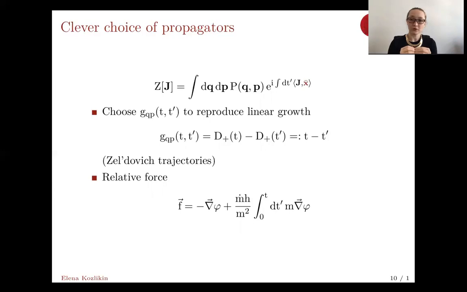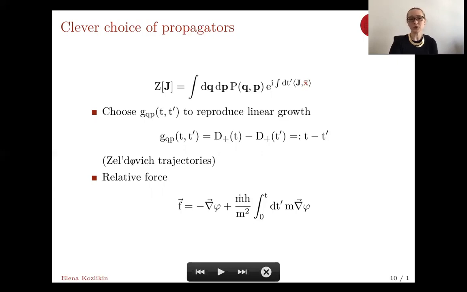So a clever choice of the propagators of the inertial motion is to already include some part of the interaction. This can be done by using so-called Zeldovich trajectories, where you choose your free propagator, the inertial motion, to reproduce the linear growth. You do this by using a transformation of the time coordinates to the linear growth factor, for instance.